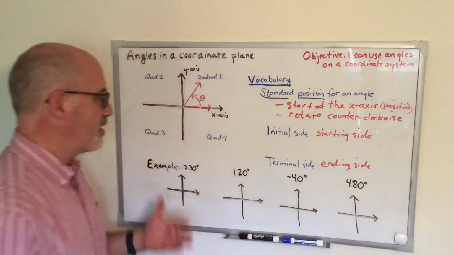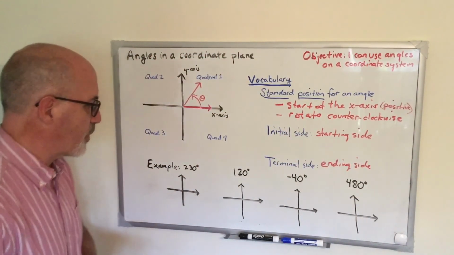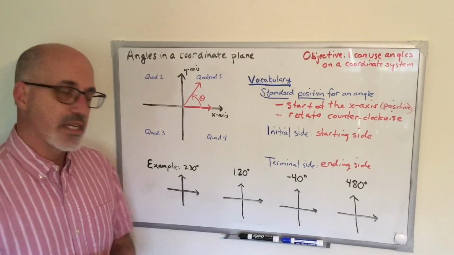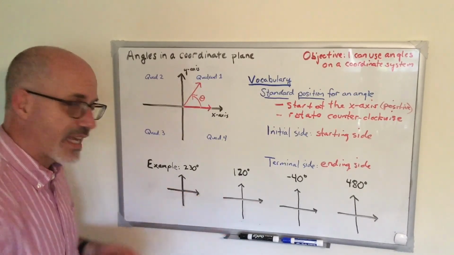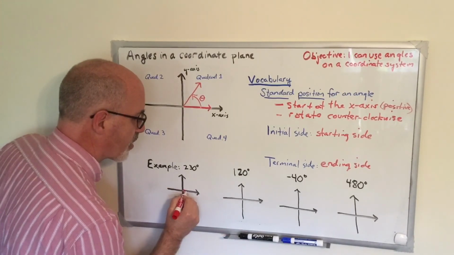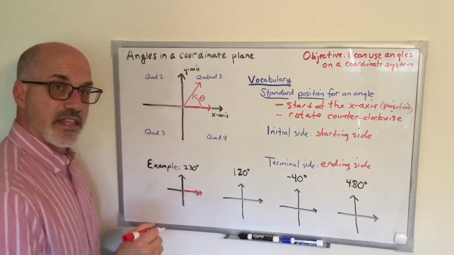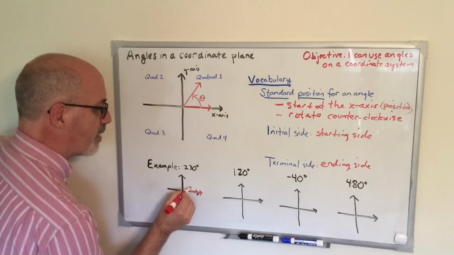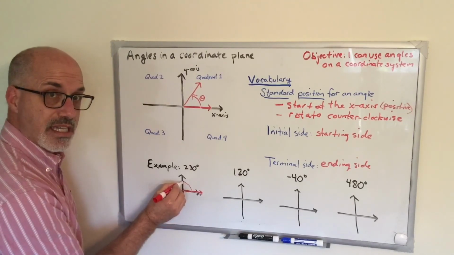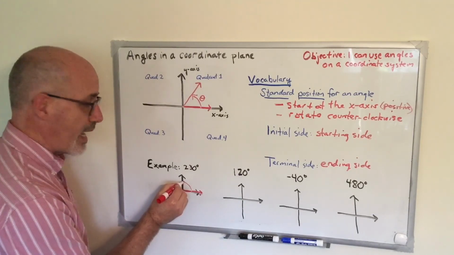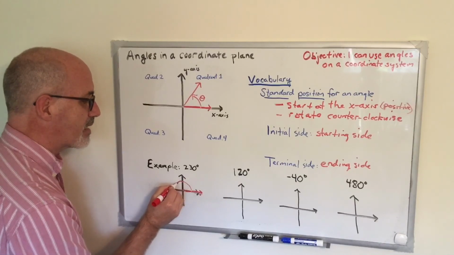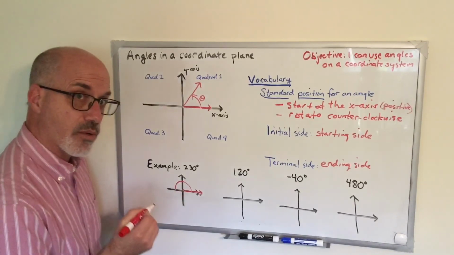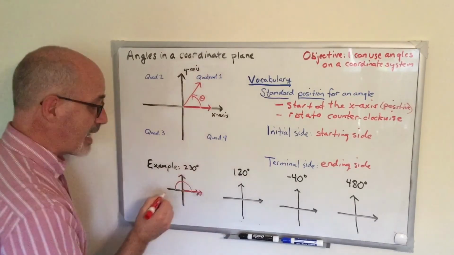So let's go ahead and do some examples. Let's start with this one: 230 degrees. If we start with our positive x-axis as our starting side, then we'll rotate counterclockwise. Up here is 90 degrees to get to the y-axis. Then as I go past that, I get to 180 degrees as I get back to the x-axis.